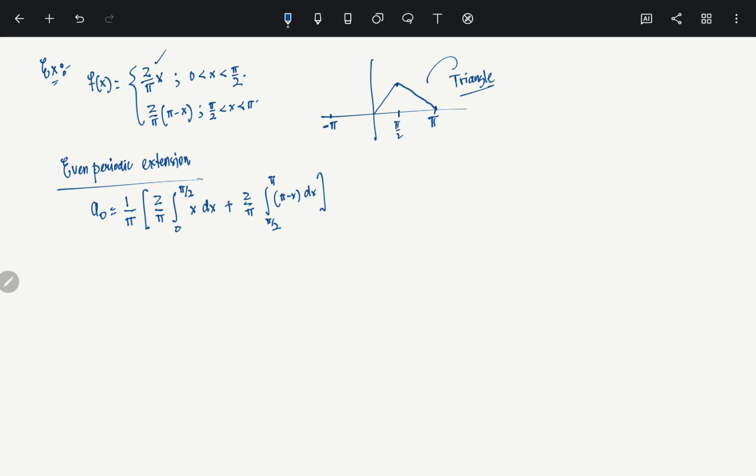We can write it like this. Now I'm not calculating this, but you can of course calculate it. It's going to be half. Now don't be 100% sure on my calculations. It may happen that this is wrong, so please check.